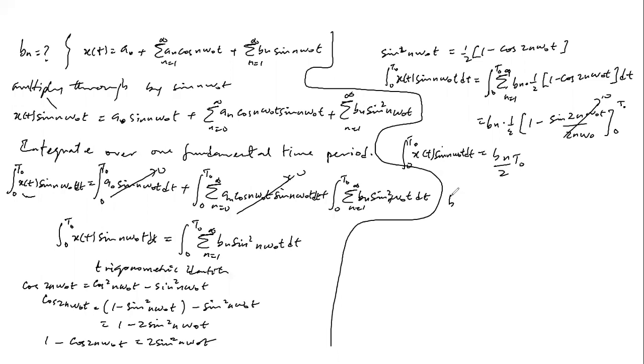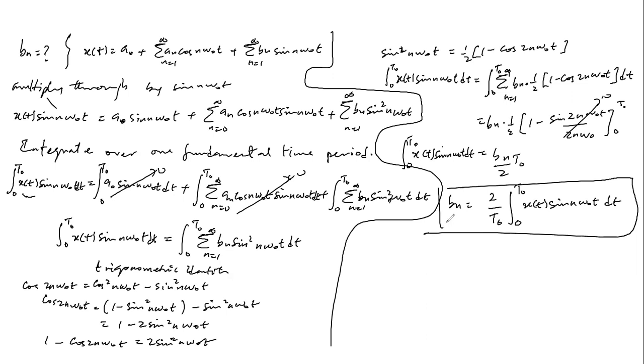So bn is the same, multiply through by 2 here, then divide through by t naught, so bn equals 2 over t naught times the integral from 0 to t naught of s of t sine n omega t dt. Perfect.